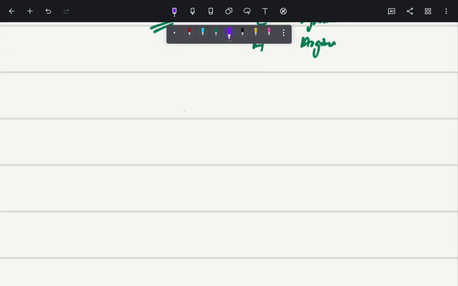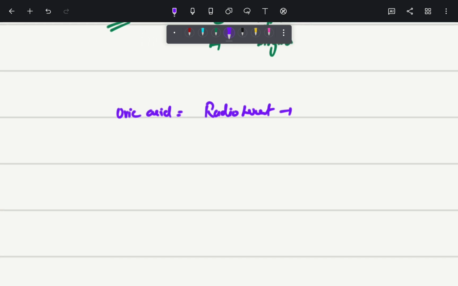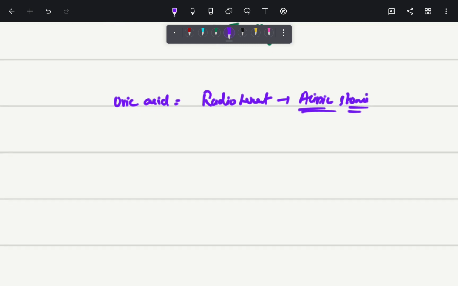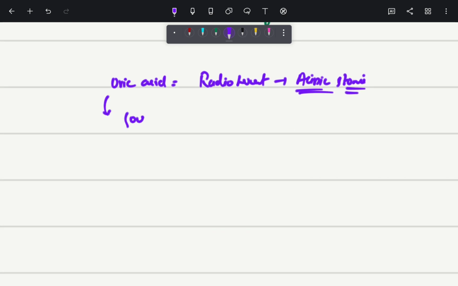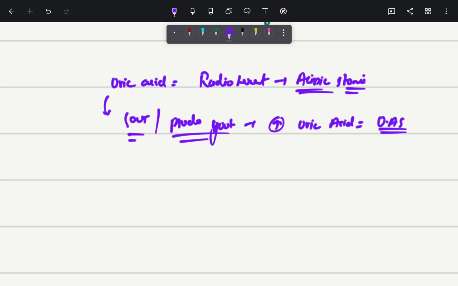Okay, and finally we are going to talk about the uric acid stones. Uric acid stones are also radiolucent. It means they will appear black when you take an X-ray, and on top of that they are acidic stones. Now where do you see these types of stones? Whenever you have gout or pseudogout, there is an increase in uric acid in our body, hence you will see uric acid stones in the kidney.